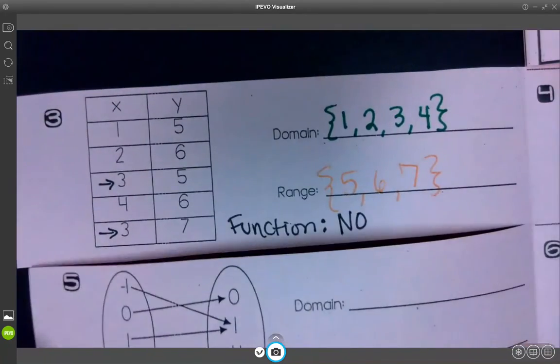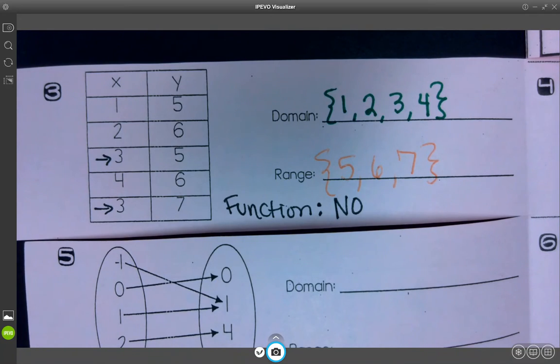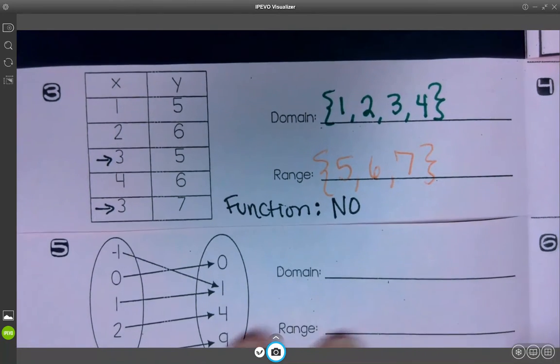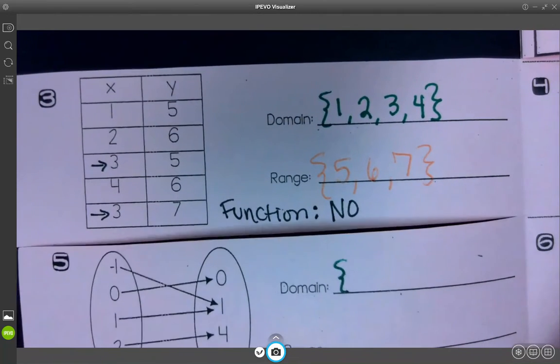Okay, the mapping. List out all of the x values from least to greatest. Go ahead and do that. List out your domain and range.